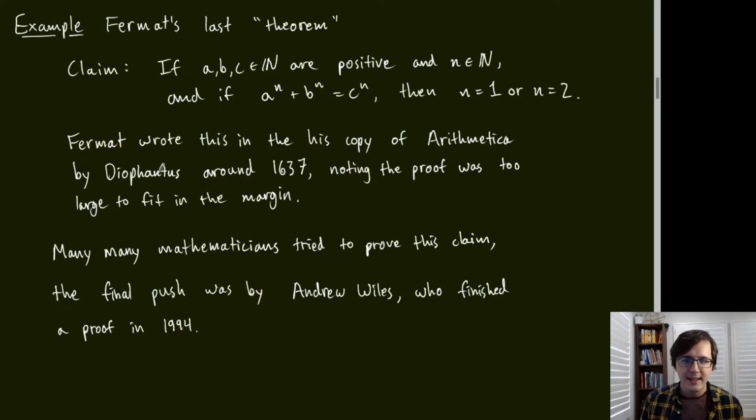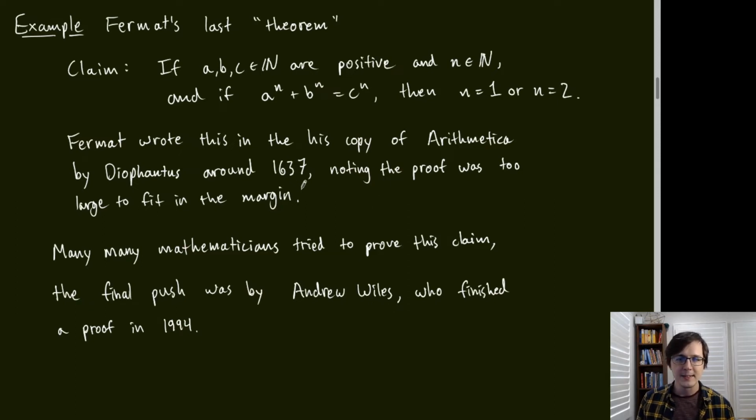The way that he came to this theorem was he was reading his copy of Arithmetica by Diophantus, and by thinking of related problems in the book, he just wrote in the margin around 1637 that he had a marvelous proof of this, but the margin was too narrow to contain it.